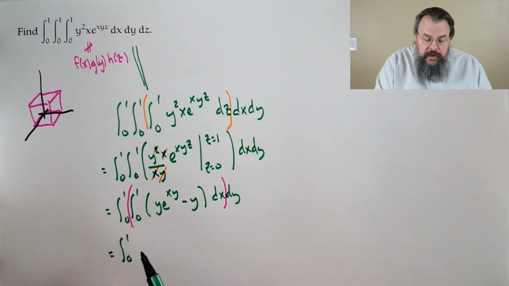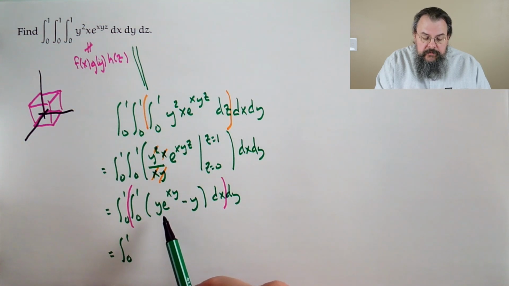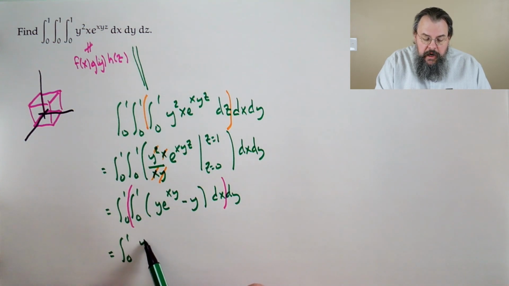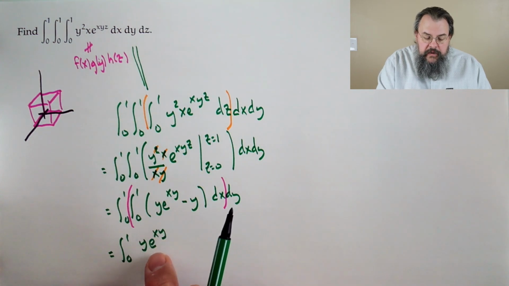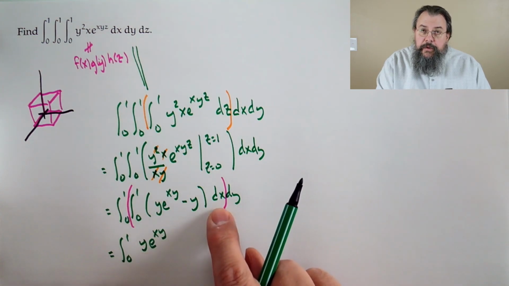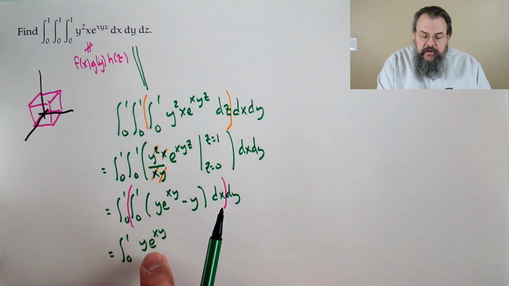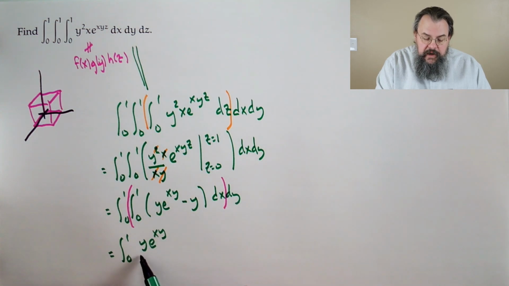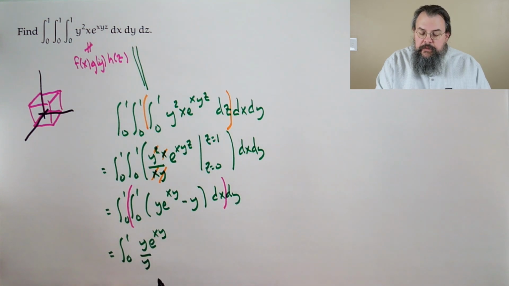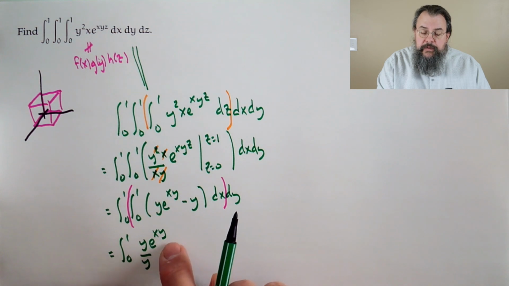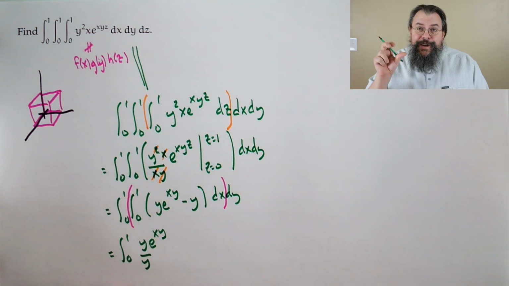Integral 0, 1. Here, well, we would have that y, e to the xy. Then, because right, this is a constant when you think about with respect to x. And, all right, integral of e to the x times something is e to the x times that something. Divide by that something, right? You have to account for that constant factor.